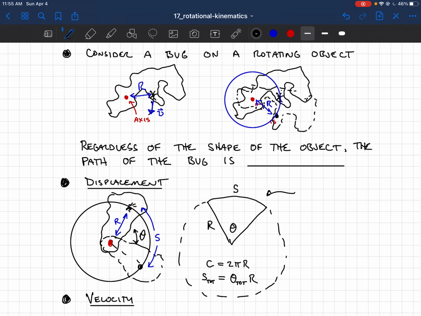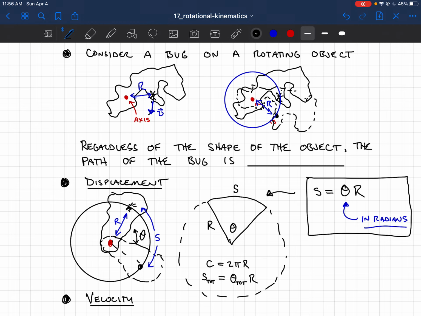So the equation that relates S, r, and theta is just S is equal to theta times r, as long as you write the angle in radians. This equation is always true for an arc length on a circular path. So that's the relationship between the translational position, s, and the rotational position, theta.